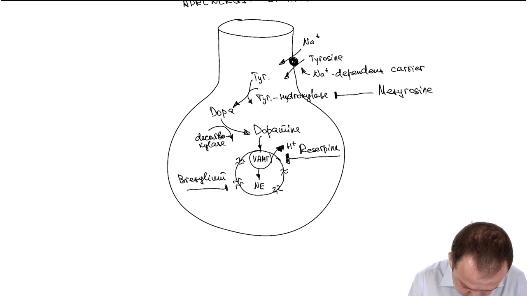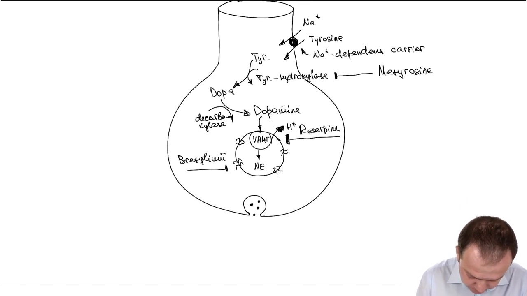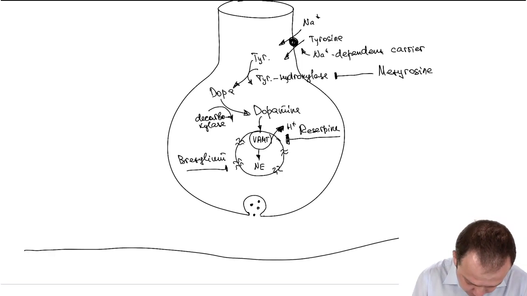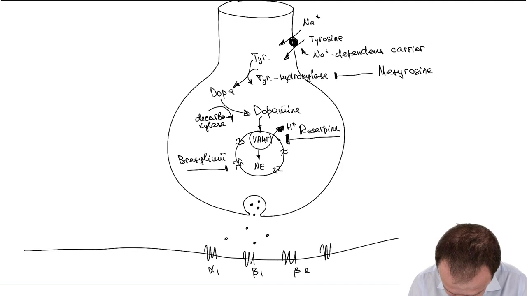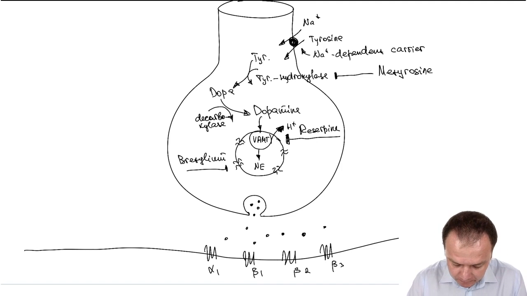So after docking and fusion, we have release of norepinephrine into the synaptic cleft, and the norepinephrine interacts with alpha-1, beta-1, beta-2, and beta-3 receptors that are present there. And as a result, we have an effect.